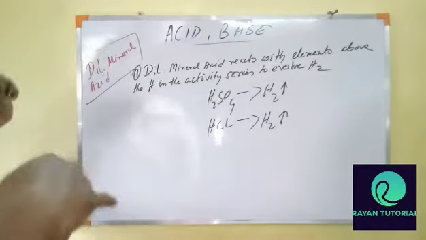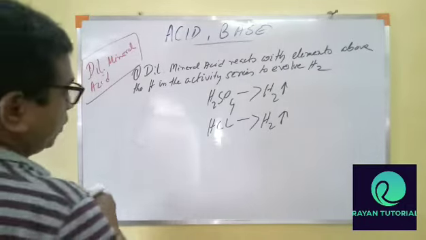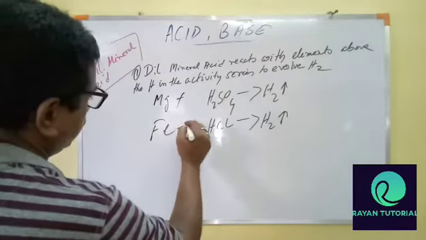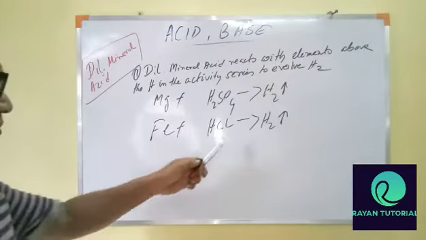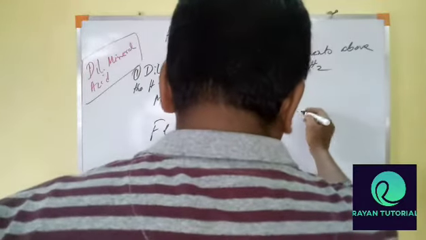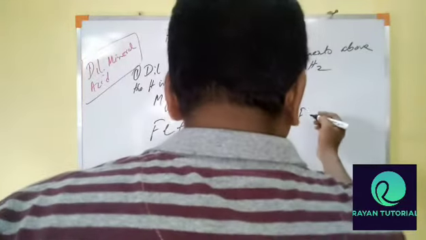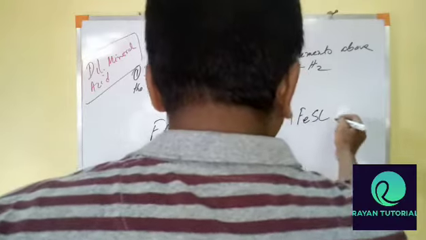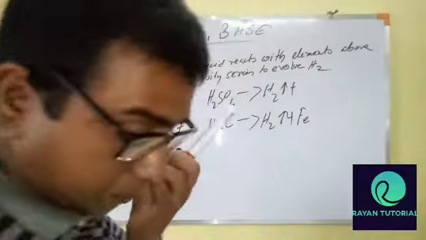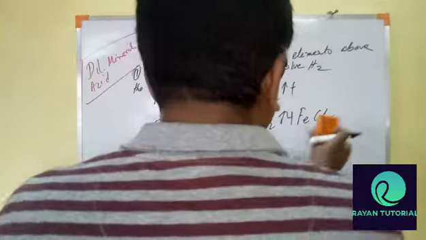Okay, so above hydrogen in the table, what is there? Magnesium is there, iron is there. So what will happen? Here hydrogen comes out, so it becomes FeCl2. Or you can do it like this also.